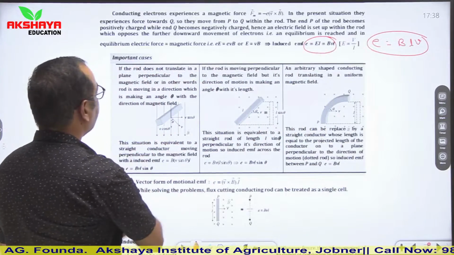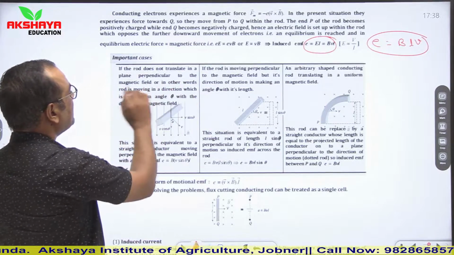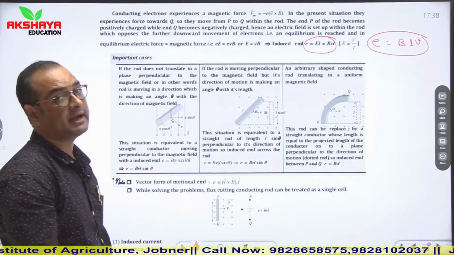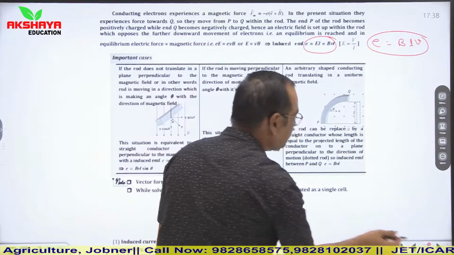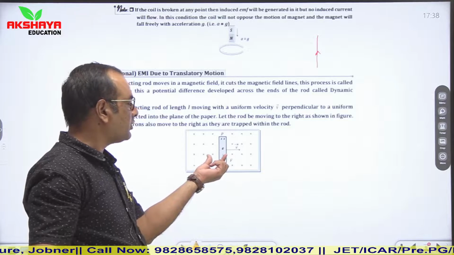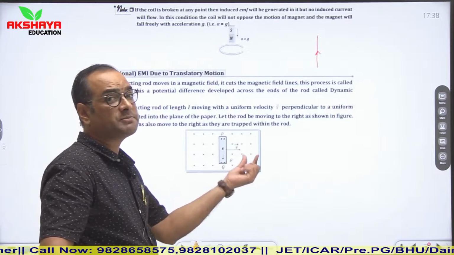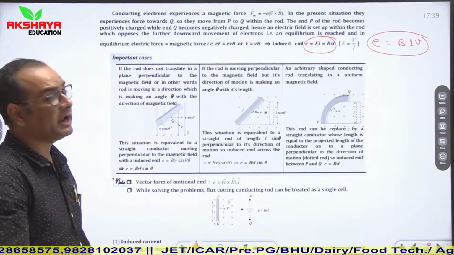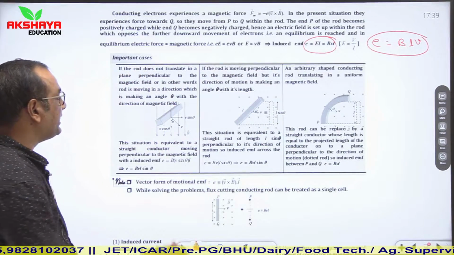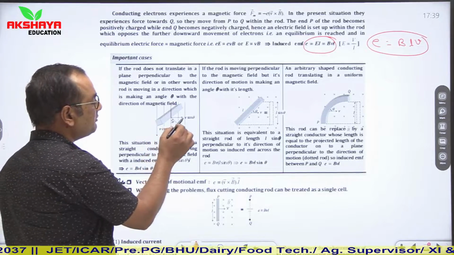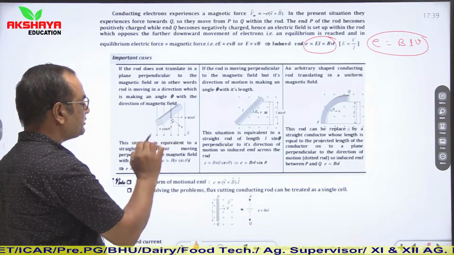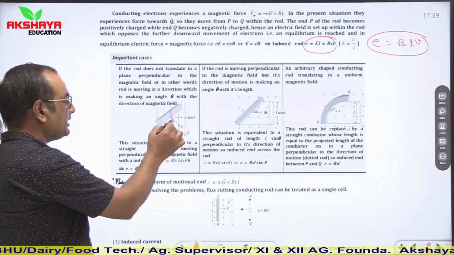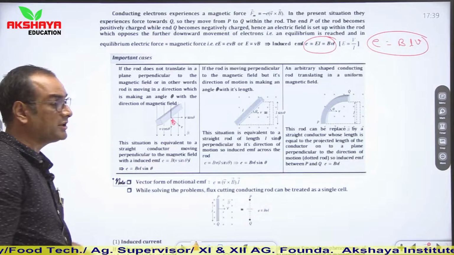Now see, important cases. If the rod does not translate in a plane perpendicular to the magnetic field, or in other words, the rod is making an angle theta. In the previous diagram, the rod is moving normally to this magnetic field. But now if we consider that the velocity vector is making an angle theta with the magnetic field, then the components of velocity are v cos theta and v sin theta.